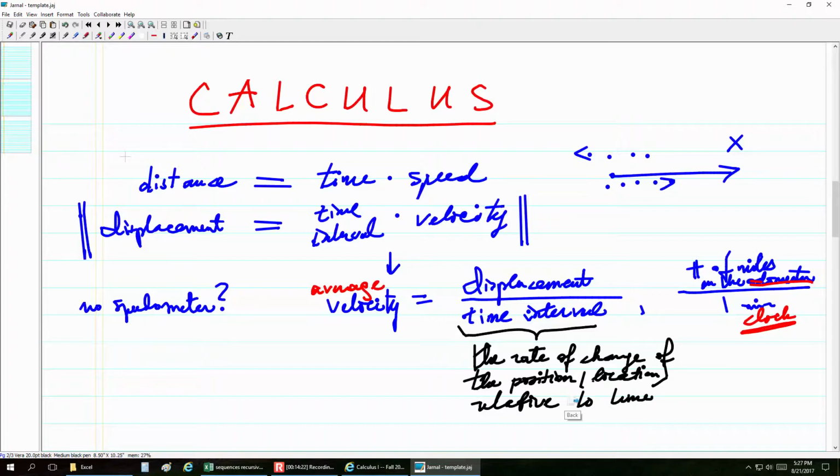What is the displacement? It's nothing but the change of the position. In one word, we say displacement.